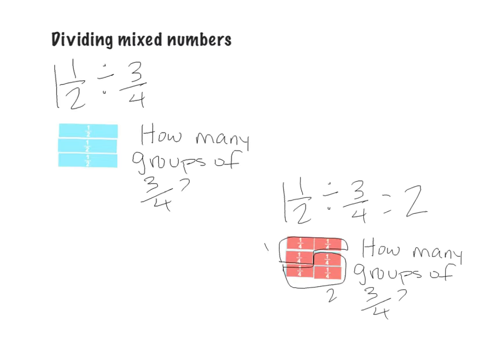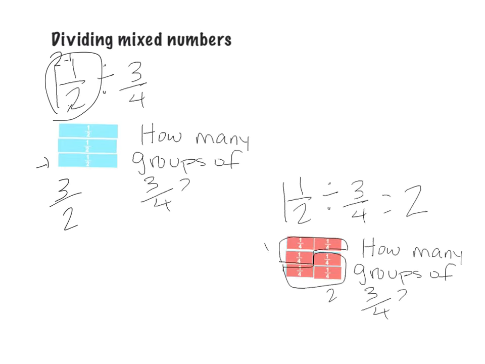Now, dividing with mixed numbers can be tricky. What you need to realize is you do need to turn your mixed number into an improper fraction. So here I have represented 3/2, which is the same thing as going 1 times 2, which gets 2, plus 1 more equals 3.